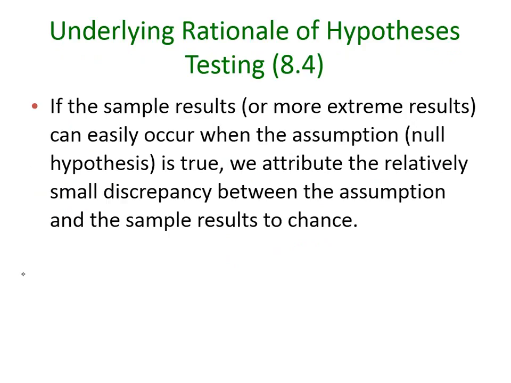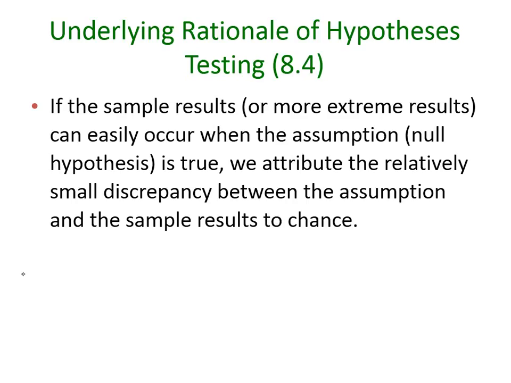So trying to figure out what the reasoning is behind what's going on. If the sample results or more extreme results can easily occur when the assumption that the null hypothesis is true, we attribute the relatively small discrepancy between the assumption and the sample results to chance.